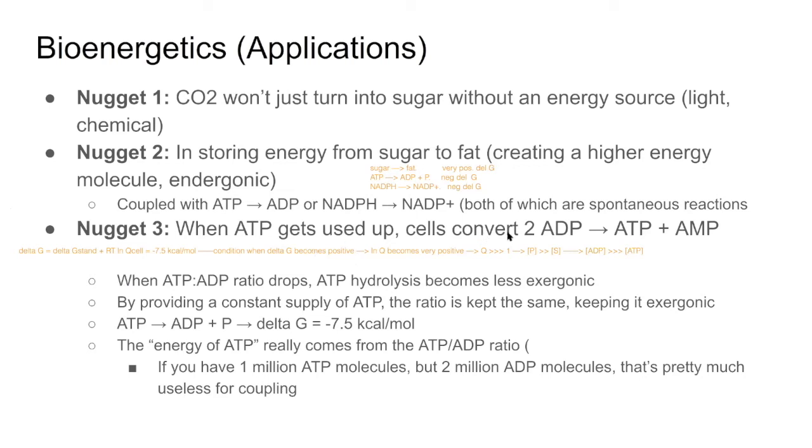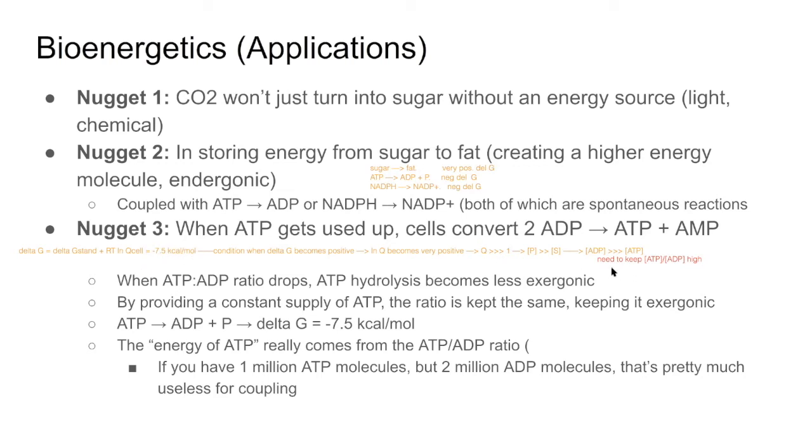So that means this poses a problem in that we now need to keep the ATP concentration to ADP concentration ratio high. We need to make sure that there are a lot more ATP than there is ADP. That way, this delta G never becomes positive.